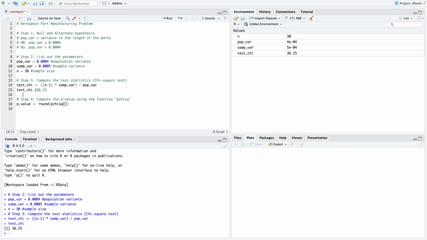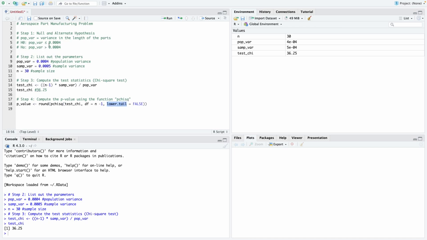Then we bring in our test statistic. It has a degree of freedom, which is n minus 1. And then for lower.tail, we have it as false. Because this is greater than, you would set lower.tail as false.